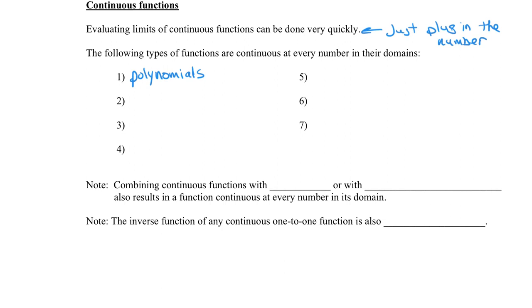We'll see later they're differentiable everywhere and they have antiderivatives everywhere. A polynomial, remember, is a function where the power is a non-negative integer. There are the cubics, the quadratics, anything that has a non-negative integer power. They are continuous at every number in their domains, and their domains are all real numbers, so they're continuous everywhere.